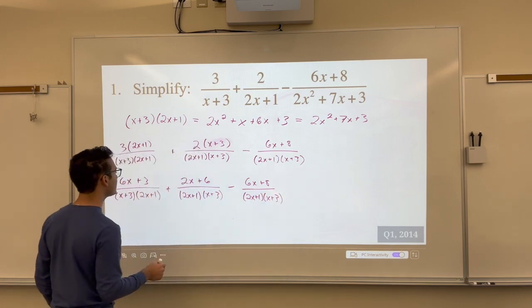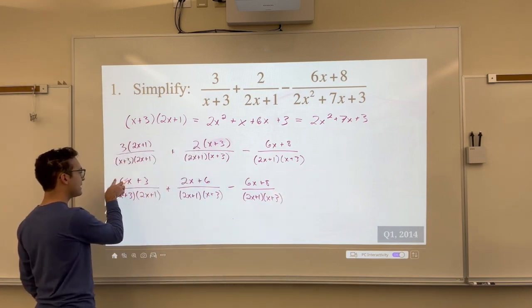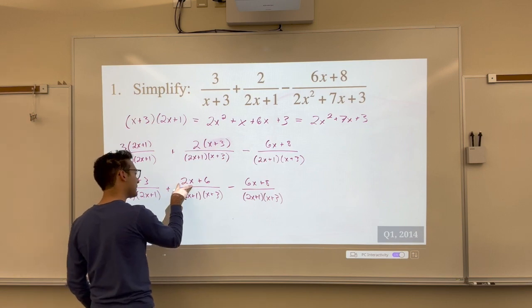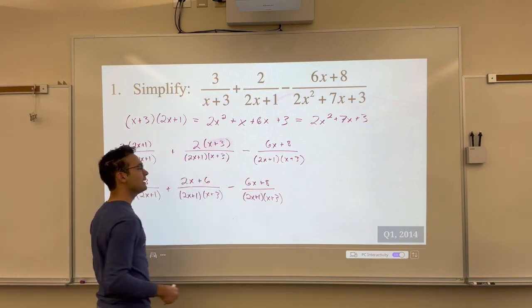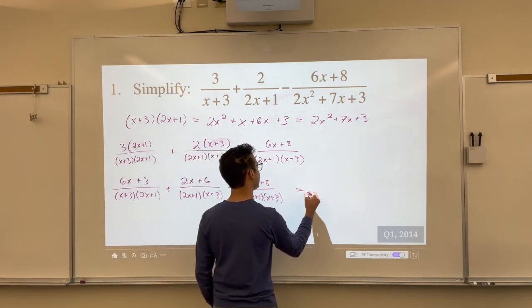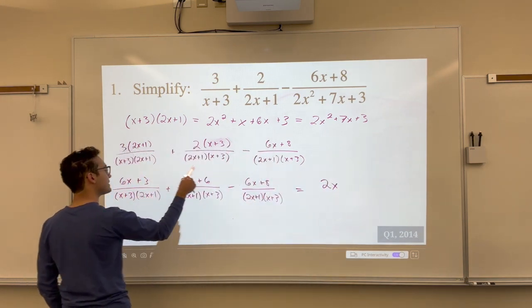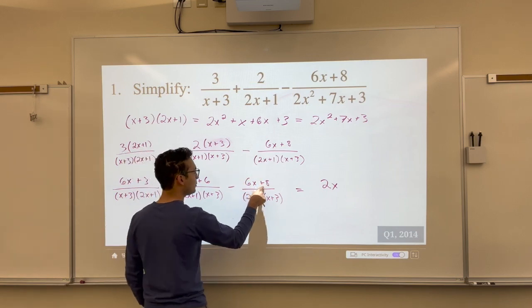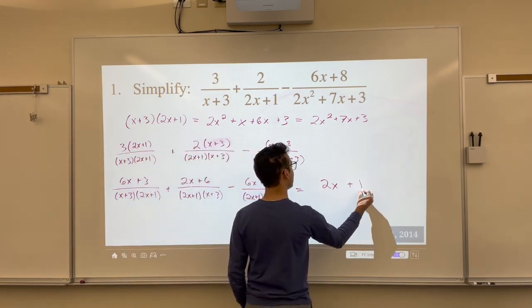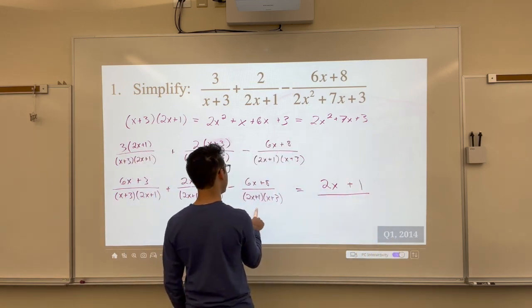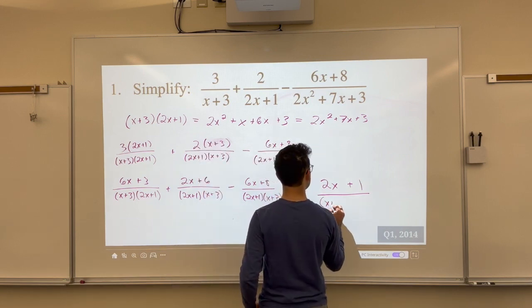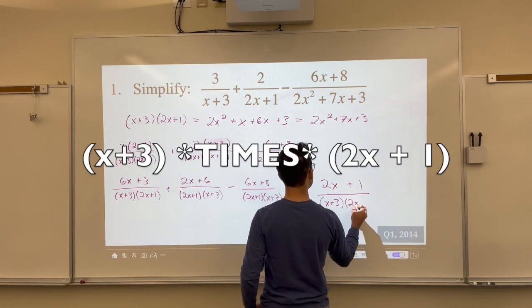So now combining these all together, let's start with the x's. 6x plus 2x minus 6x is just 2x. So we have 2x. And then we have a 3 plus 6 minus 8, which is equal to positive 1. And then the denominator stays the same, so it's x plus 3 over 2x plus 1.